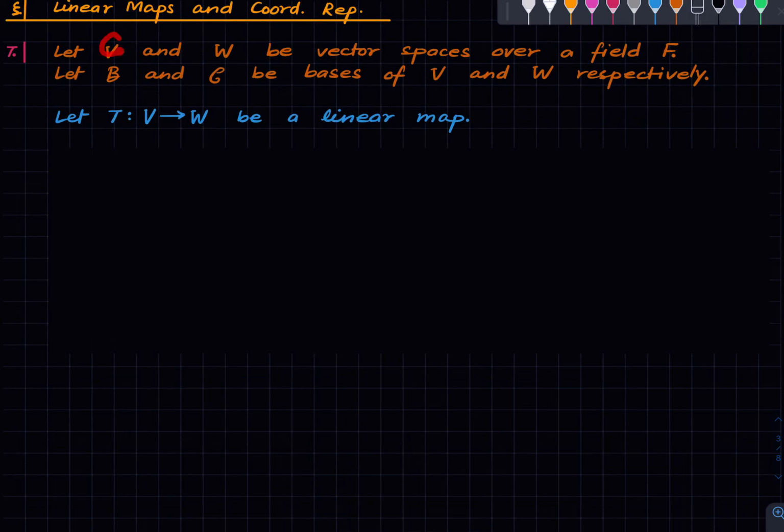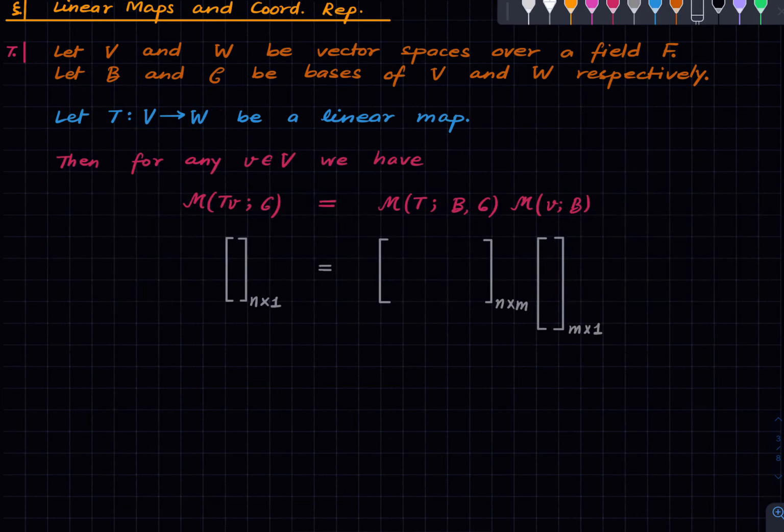Now here is a very simple fact. We have two vector spaces over the same base field F. We have a basis B for V, basis C for W, respectively. And we have a linear map T from V to W. Then for any vector V in the domain of T, we can easily prove this.